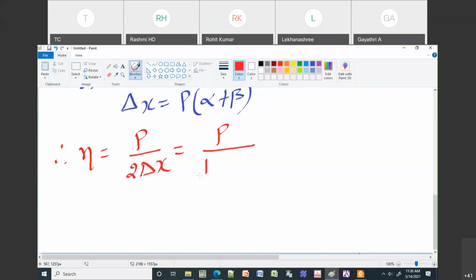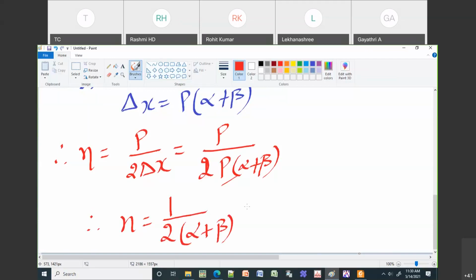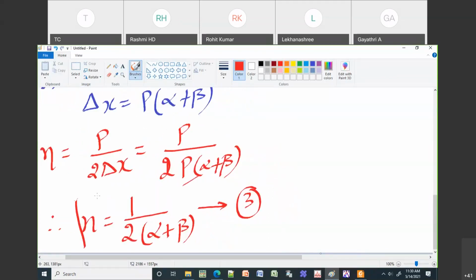So your n will be equal to 1 by 2 into alpha plus beta. This is the relation for n in terms of alpha and beta, which are your longitudinal strain and lateral strain. I will call this equation number 3. So now I got Y and n in terms of alpha and beta.